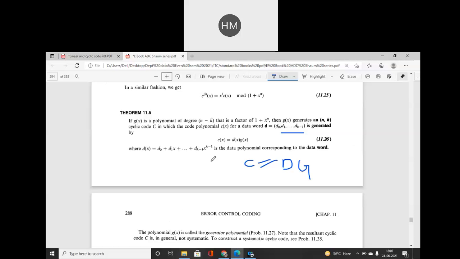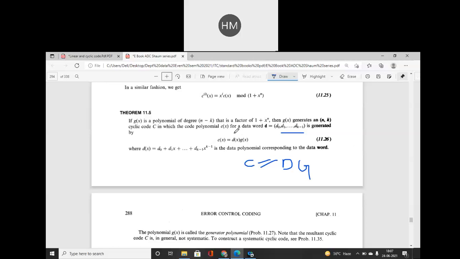What is the length of the data word, students? It is of length k, for (n, k) codes. K is always given to you. Okay. Then n is my code word generated. What will be the length of C of x? It is n minus 1, starting from 0. If I have (7,4), how many code word digits will be generated?